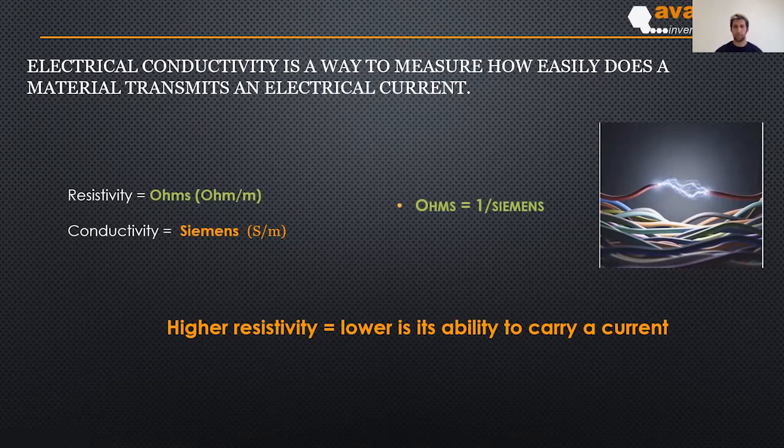In conductivity, people talk about Siemens per meter, or Siemens over whatever distance, but always in Siemens. Higher resistivity means a lower capability to carry the current, of course. For that reason, materials with high resistivity can generate more problems.